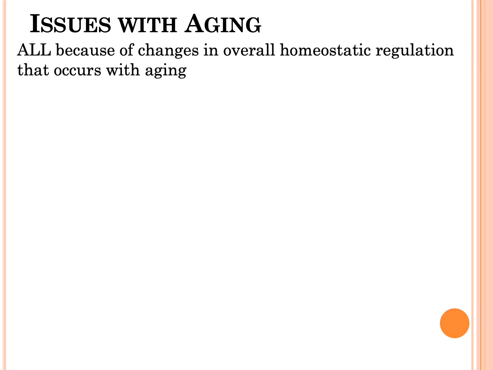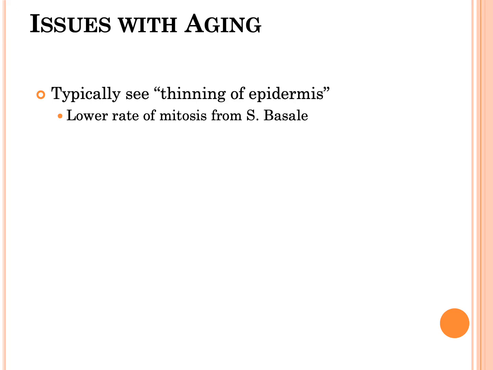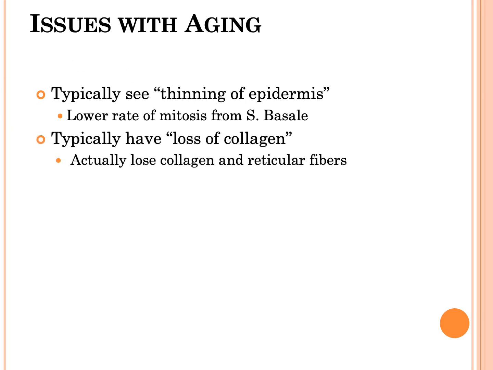The next issue that we're going to look at here is issues of aging. All of these changes that we're going to see here deal with a change of homeostatic regulation that occurs with aging. We typically see a thinning of the epidermis, and that is due to a lower rate of mitosis that occurs within the stratum basale. We typically start seeing a loss of collagen tautness.